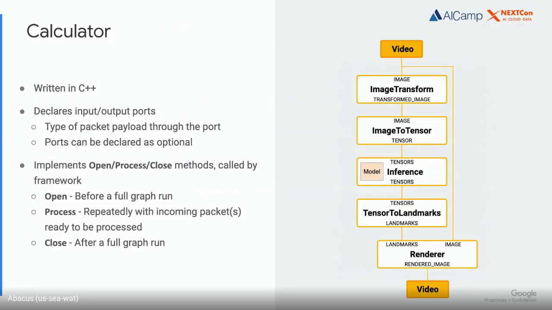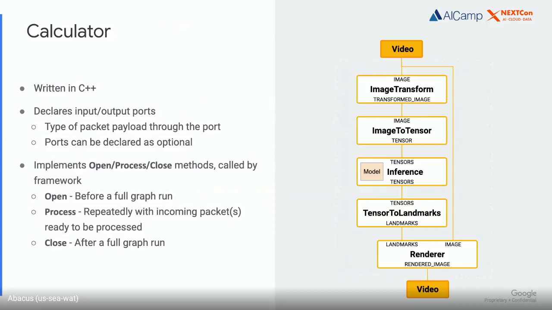The public interface to a calculator is a set of inputs of sequential data streams, and typically video or possibly audio input streams. And those streams carry a series of packets. Each packet, in the case of video, contains one frame of the video.